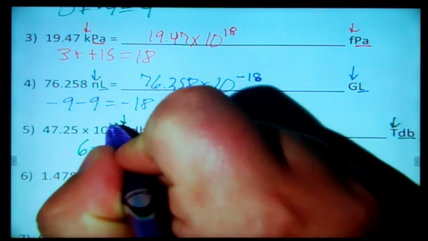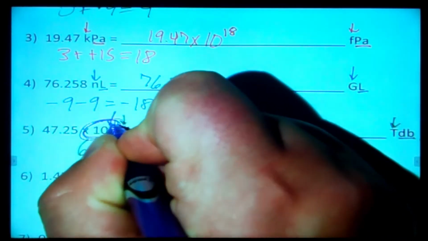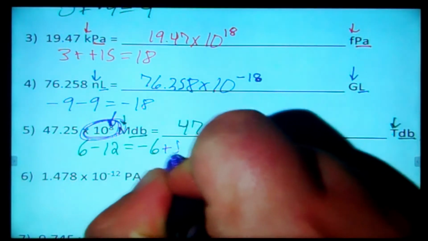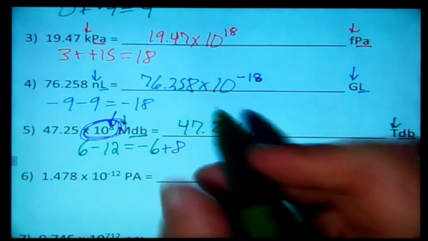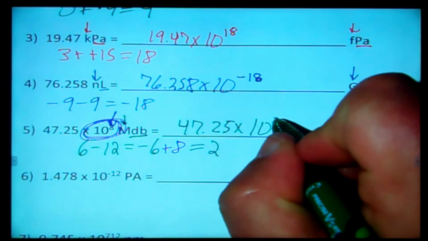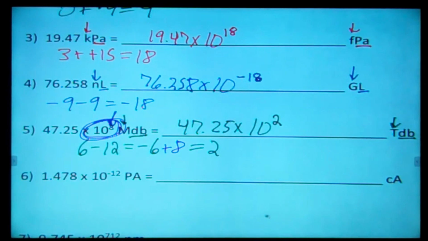This is where that step comes in. Right here. You see this 8 hanging out there? That 8 is what we add here. So I'll add 8 on, which gives me 2. So it's 47.25 times 10 to the 2nd power. That's what I'm saying. Alright, don't be so concerned about that.